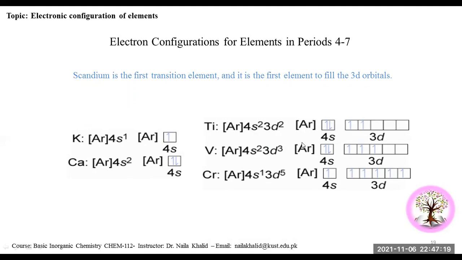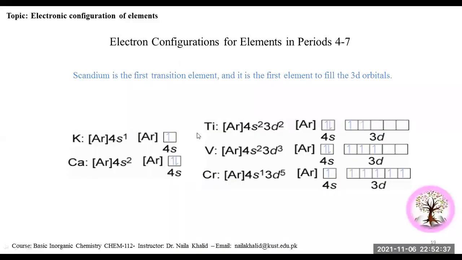This is noble gas notation. Argon, the inner shell is just like argon. For potassium, which is not a transition element, it is an alkali metal. So this is the electronic configuration of titanium.